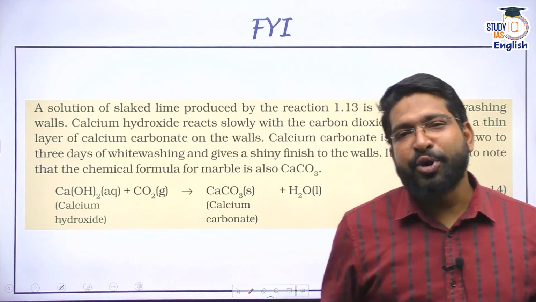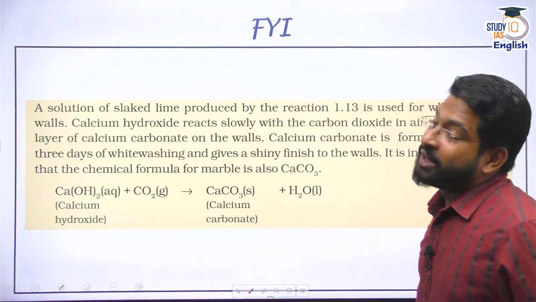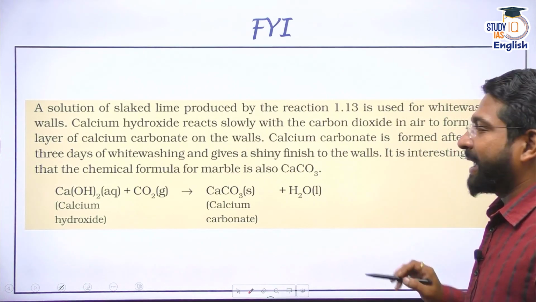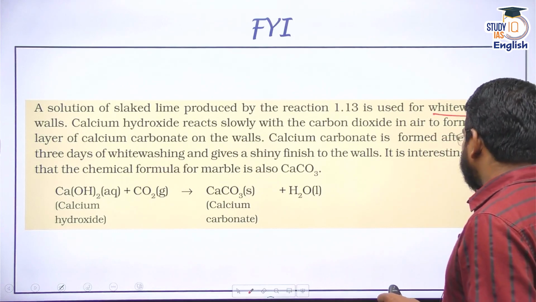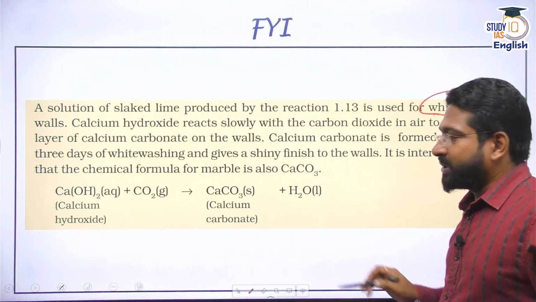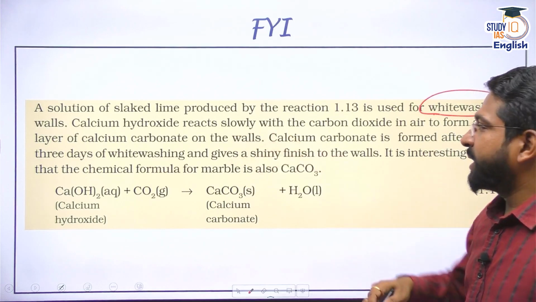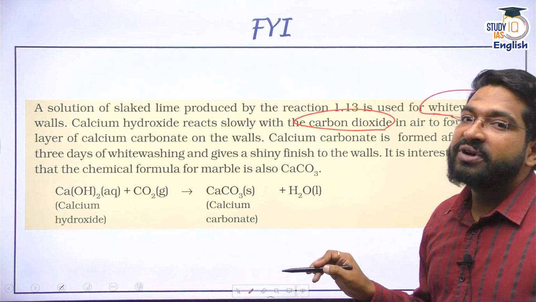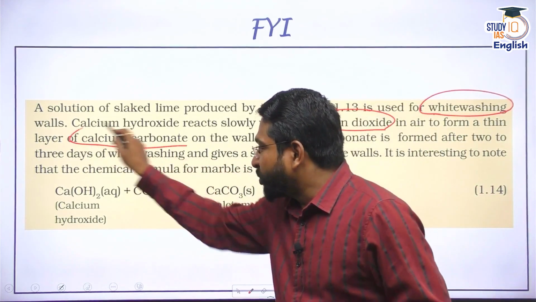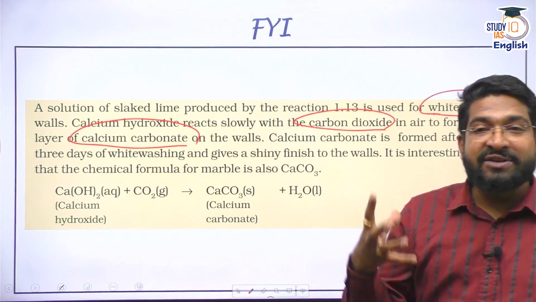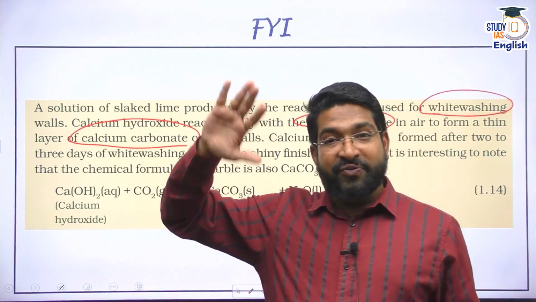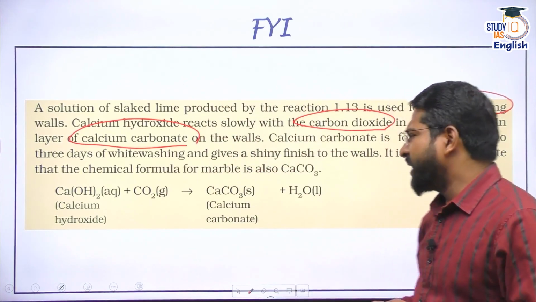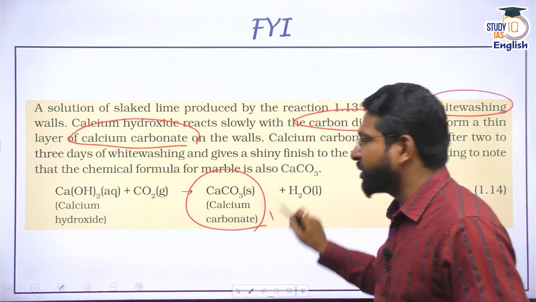Apart from that, a very important information from NCERT is this. When a solution of slaked lime is produced by a reaction and it is used for whitewashing, that is, you use calcium hydroxide, it reacts very slowly with carbon dioxide in air to form a very thin layer of calcium carbonate. And that calcium carbonate itself gives you a finish when you do a whitewash, right? When you do a lime wash or a whitewash on the wall, the ultimate product would be calcium carbonate.